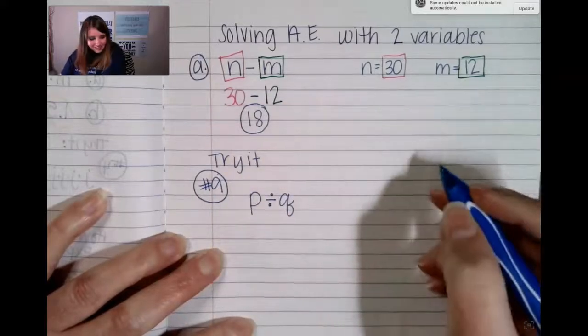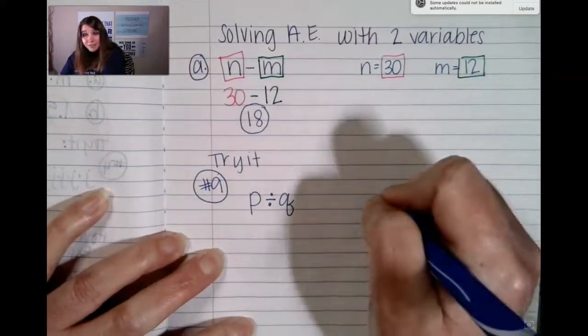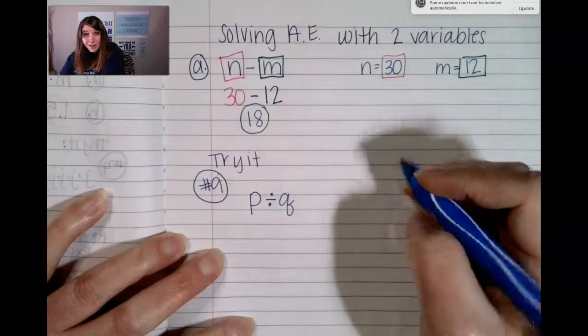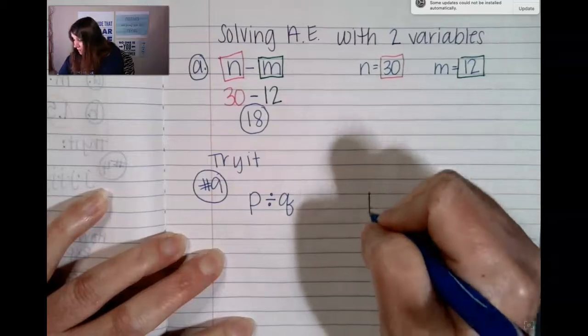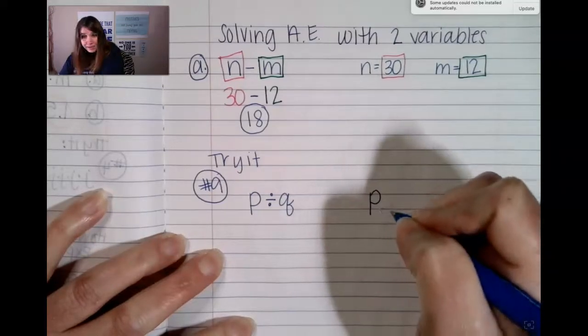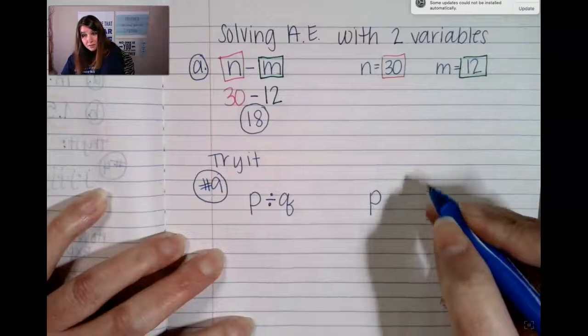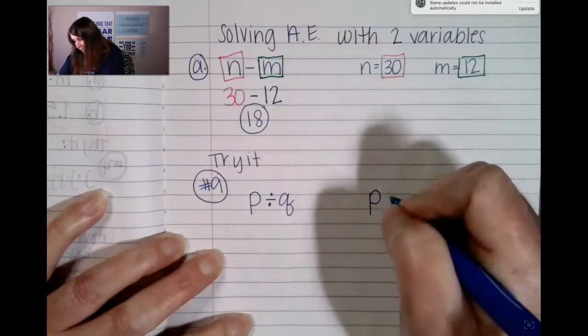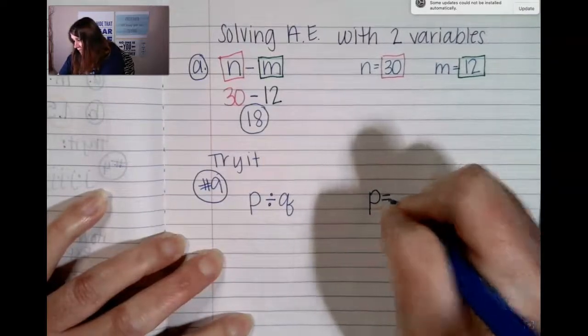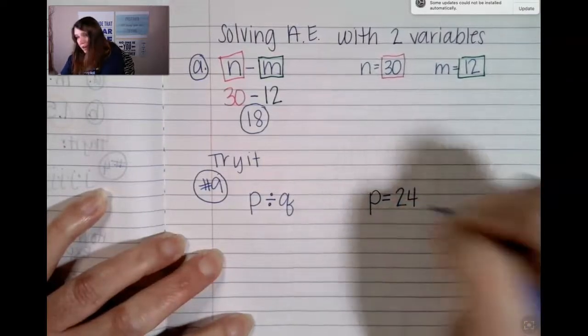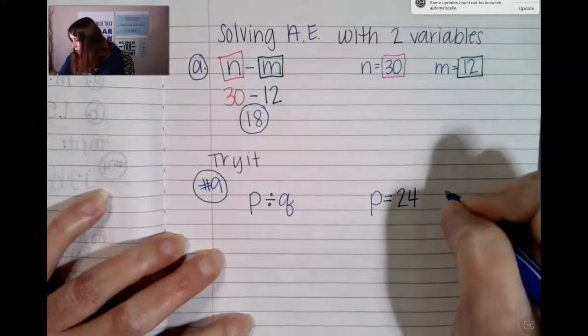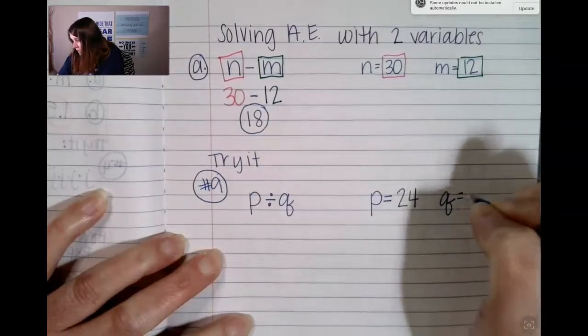Okay, Miss Englander has just hit the crazies. Yes, I really do want you to divide letters. Okay, pizzas divided by quails. How many quails can eat the pizzas, or how many slices do they get? Okay, P equals 24 and Q equals 8.